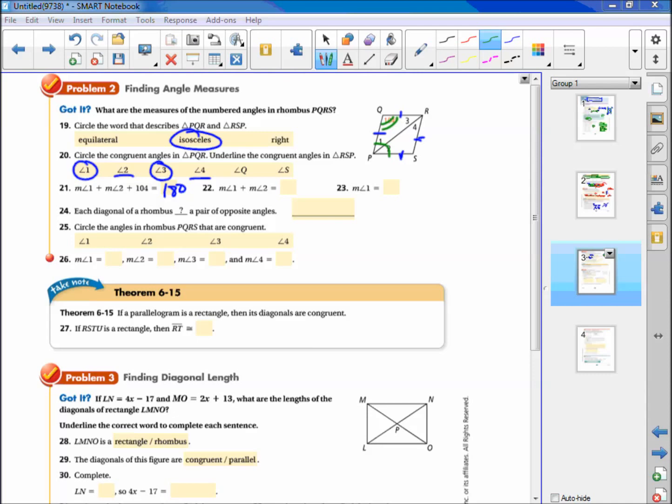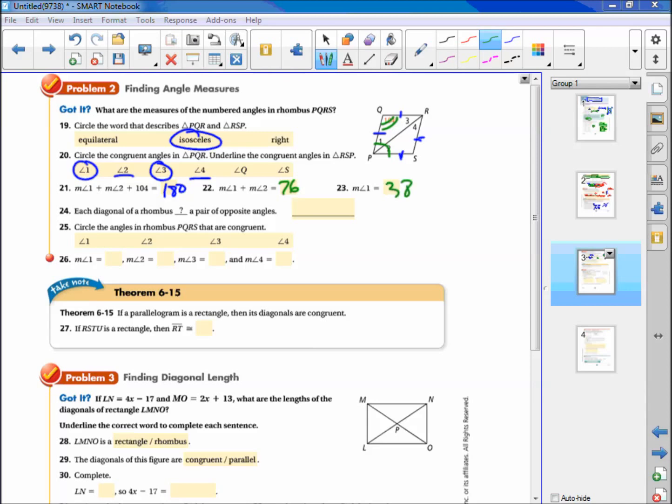All right, so the measure of angle 1 plus the measure of angle 2 is now going to be, let's see, we subtract 104 from both sides. So that should give us 76. And then that means that the measure of angle 1 is going to be, well, 1 and 2 are congruent to each other. So 1 is going to be half of 76. And half of 76 is, let's try this with a calculator here, 38. So it's going to be 38.